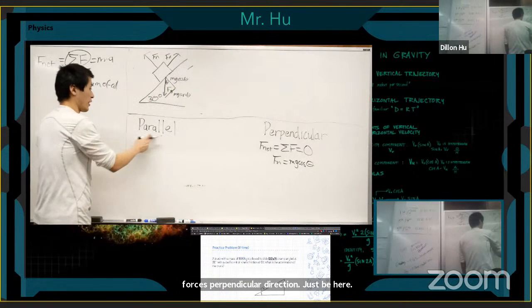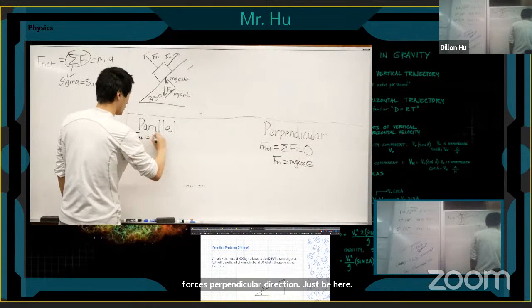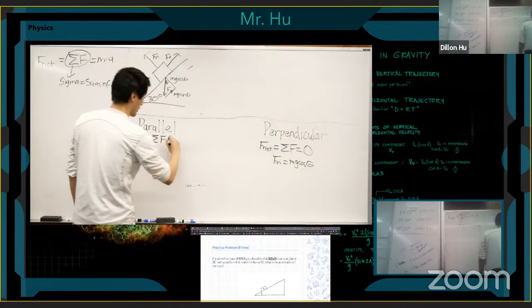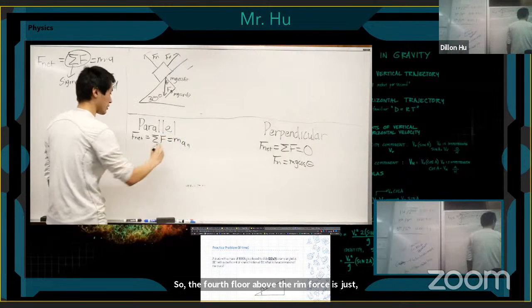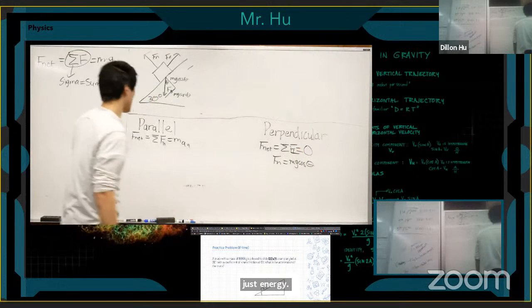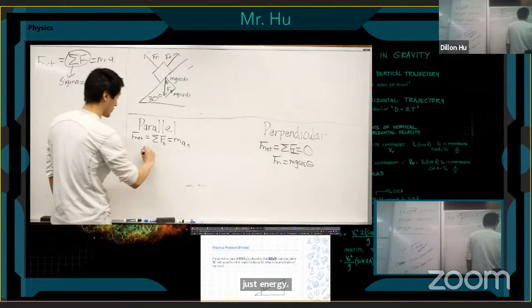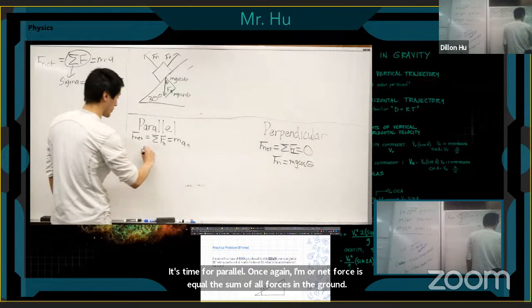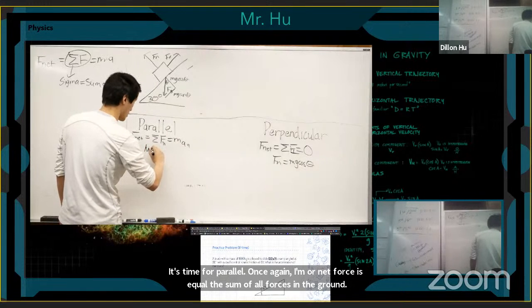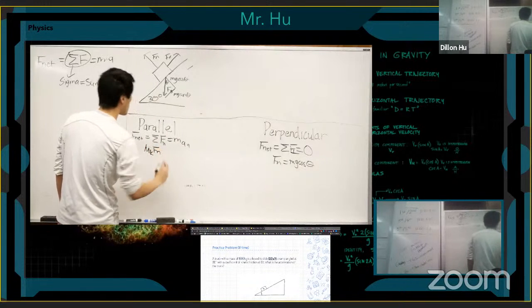This time for parallel, once again, our net force is going to equal the sum of all forces in the parallel direction, and this is going to equal our mass times acceleration. So the sum of all forces here is going to be equal to the force of friction, which is mu k times this.